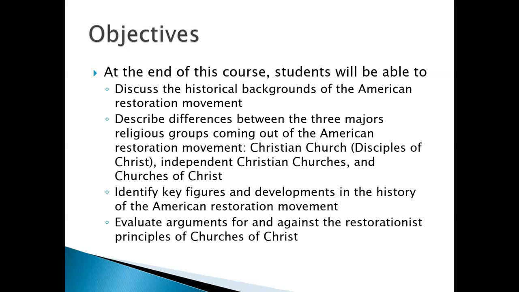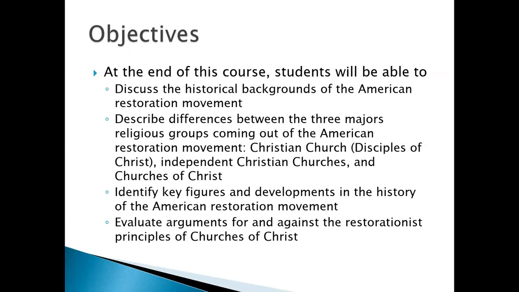We'll think about developments in Europe, going back as far as the Reformation period, but then also some developments within American society and culture that led to the development of the Restoration Movement. We'll also talk about the three major groups that come from the American Restoration Movement.